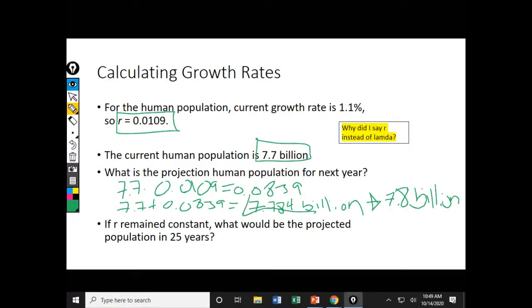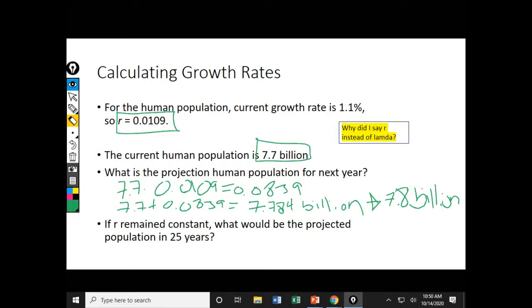I can leave it like this. What I know is that we've added basically about 84 million people to the population. I was pretty lazy, and all I did was add the 0.083 to the 7.7.